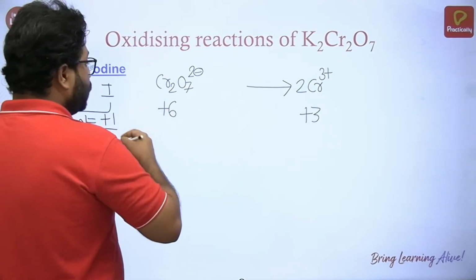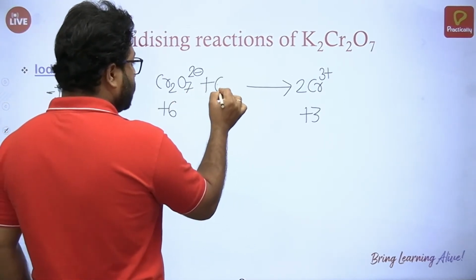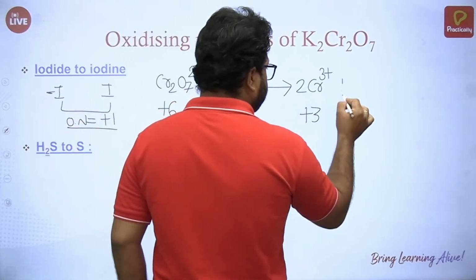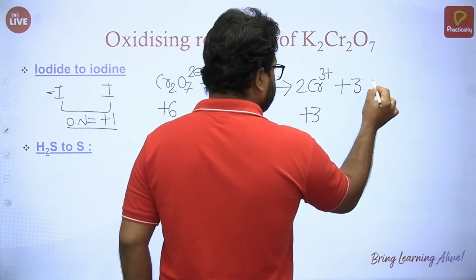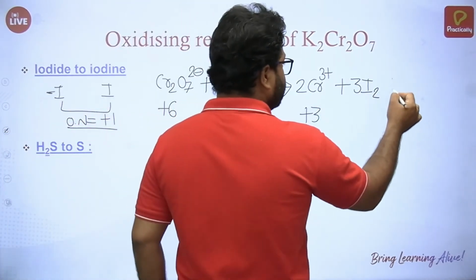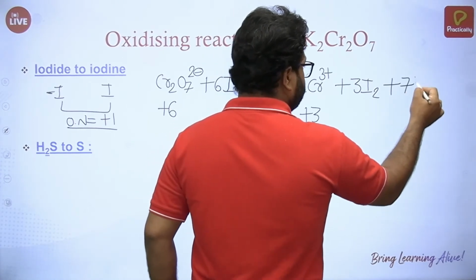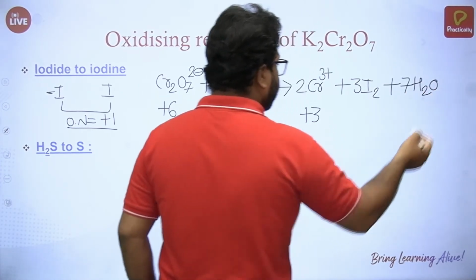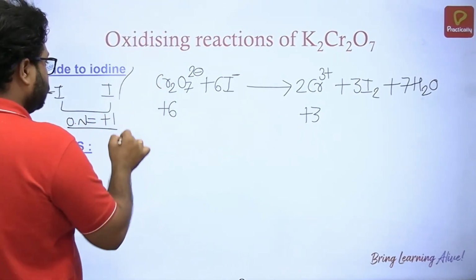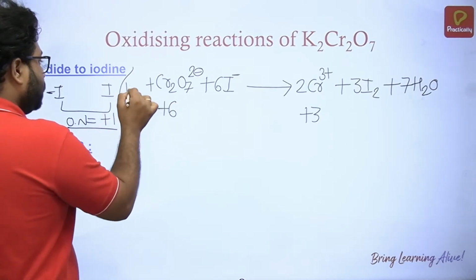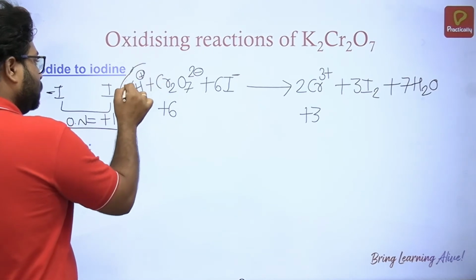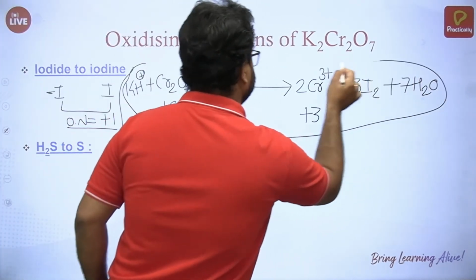Now your iodine, 6I minus, can form 3I2. Seven oxygens are there, so you form 7H2O, and 14 hydrogens are there, 7 into 2, 14. So you get 14H plus, and that is how your reaction has got balanced.